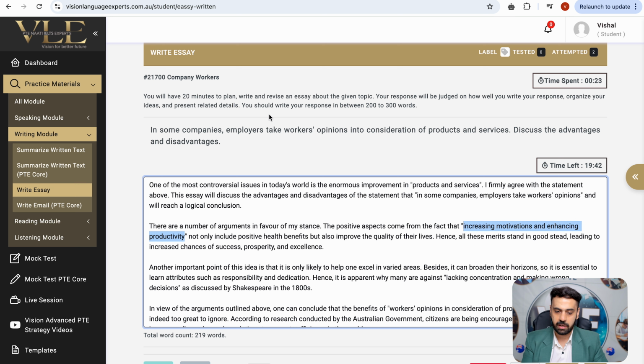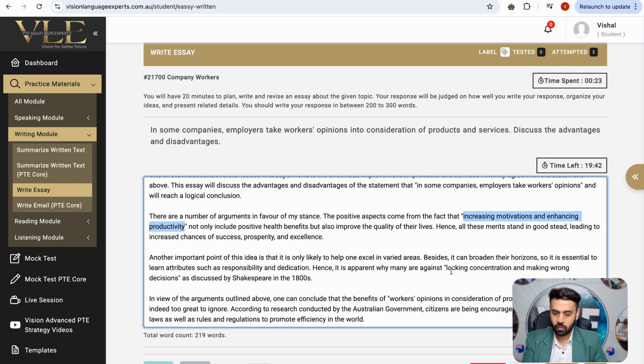So obviously I am putting positive points here. I'm saying that it will increase motivation and enhance productivity if the employer is taking the opinion of their employees in consideration of products and services. Similarly over here I have to discuss the disadvantages, because they have asked us to discuss advantages and disadvantages.